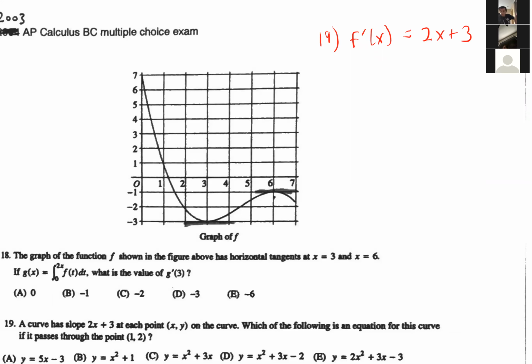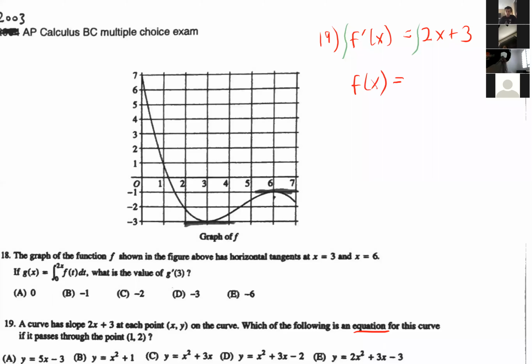Okay, so I am going to find the integral of both sides. I'm trying to get back to the original equation. So we saw a problem like this one earlier. To get back to the original function, I'm going to take the integral of both sides. On the left side, the antiderivative of the derivative is just f of x. Gets you back to where you started.